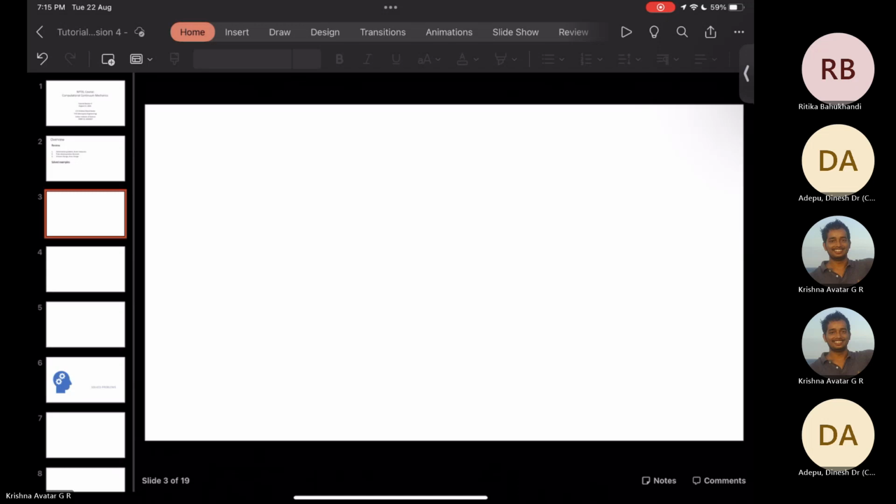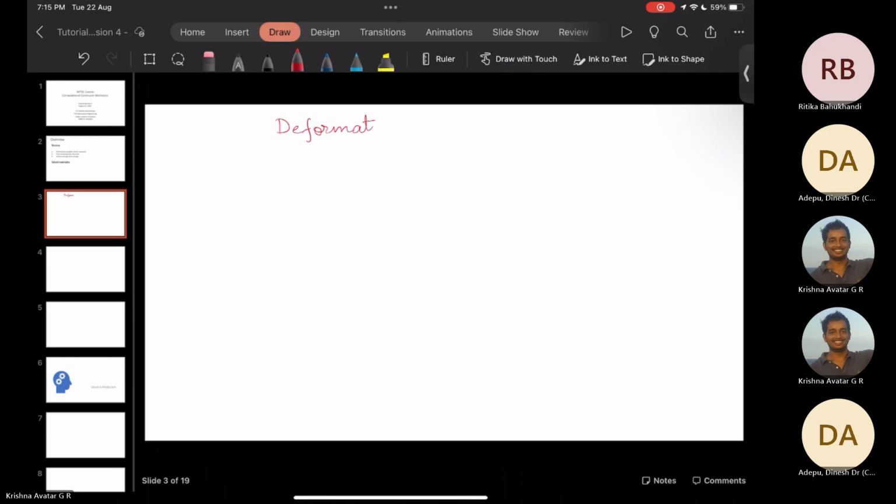So today we'll start somewhat from the basics. Let me start with deformation gradient. I'll make it quick so that we can move to solving some problems in this area.